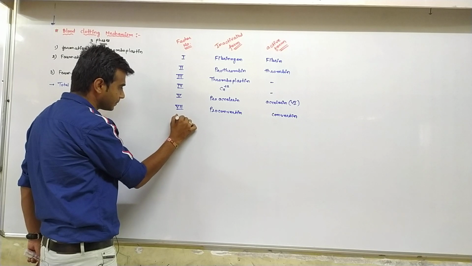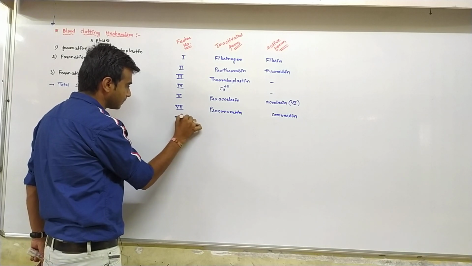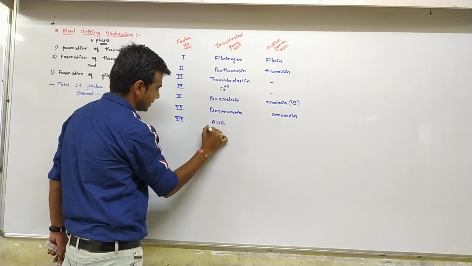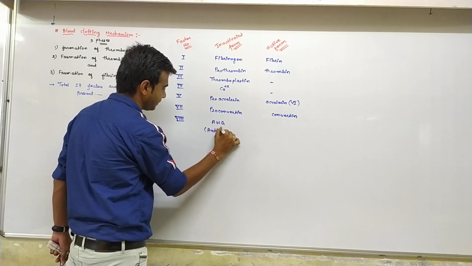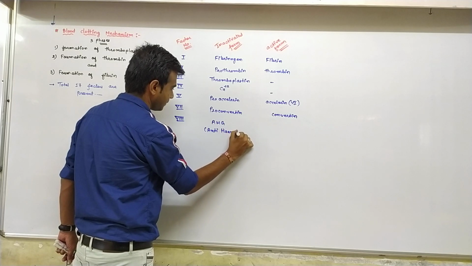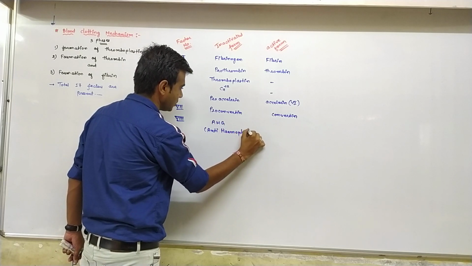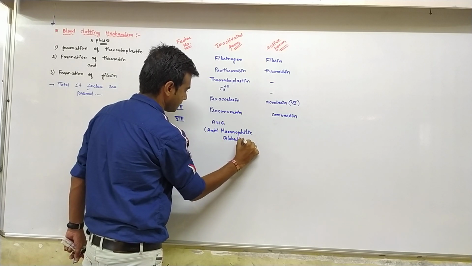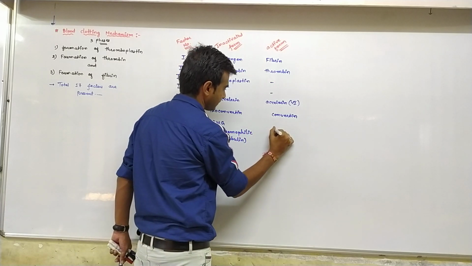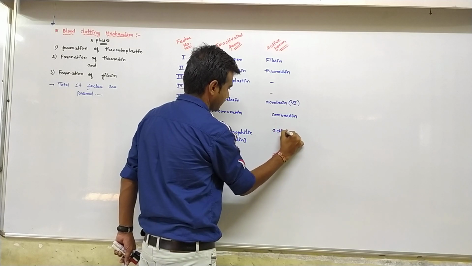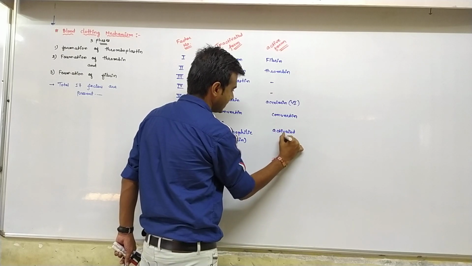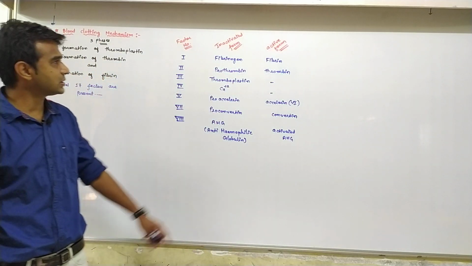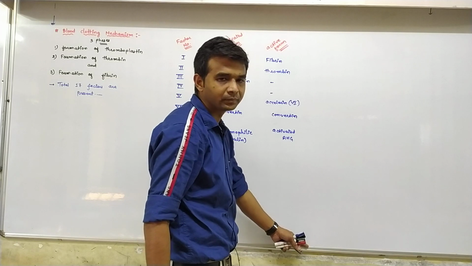Eighth factor, AHG, anti-hemophilic globulin. Activated AHG is the activated one. So from here onwards all are activated forms. Fine.